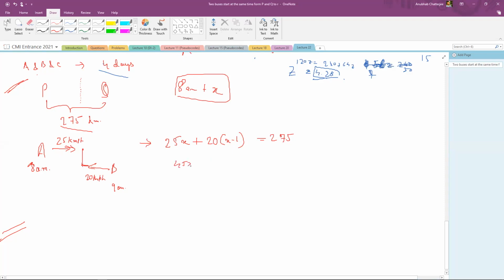So that is 45x minus 20 equals 275. That implies 45x equals 295. That implies x equals 295 by 45. 6 times 45 is 270, leaving 25, so 6.11.